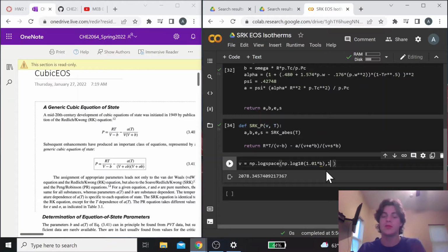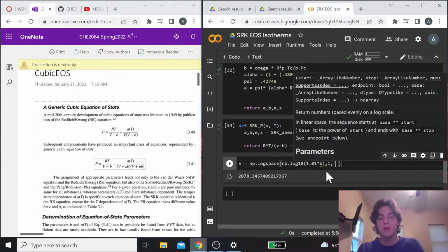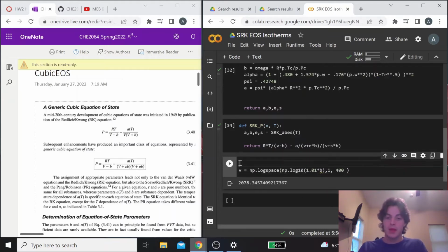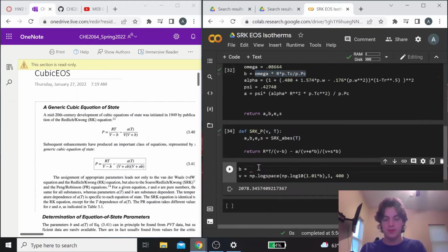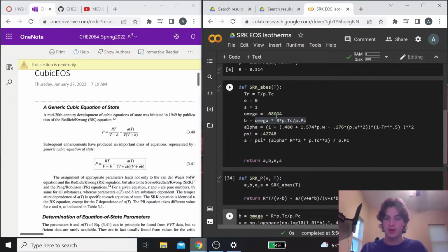We'll see how that looks. We might have to shorten it down, and we'll do 400 points, whatever. And now we need to define B, which we already defined up here in our code. So I'm just going to grab that. This is B, and here is the value for omega.